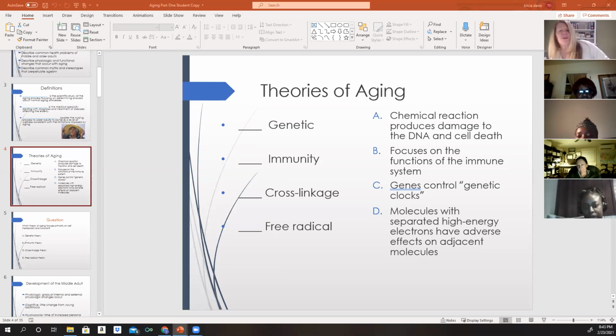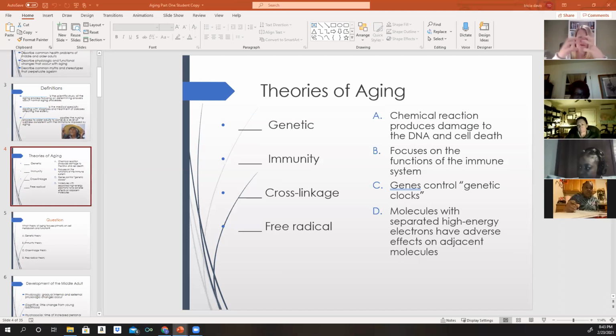Then free radical is the only one that is left. The free radical theory is based on oxidative stress. Free radicals are usually formed during cellular metabolism, and they're molecules with very high energy electrons that seek to combine with other molecules. When the electronic pairing occurs, it disrupts cell membranes and affects DNA and protein synthesis.